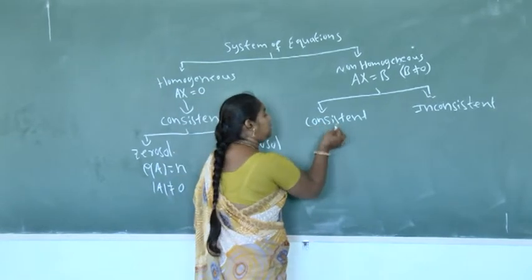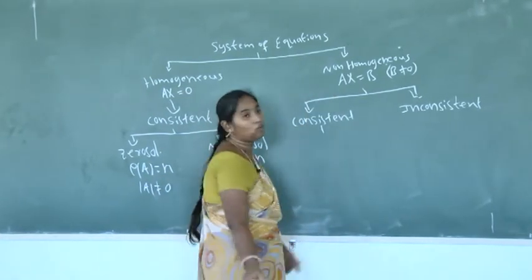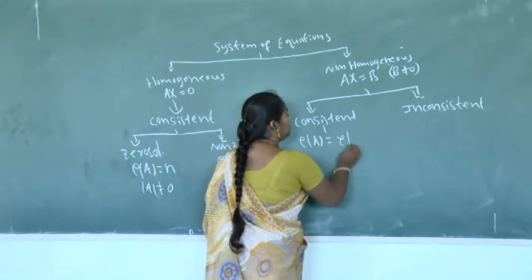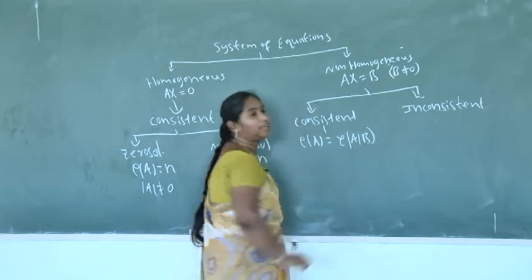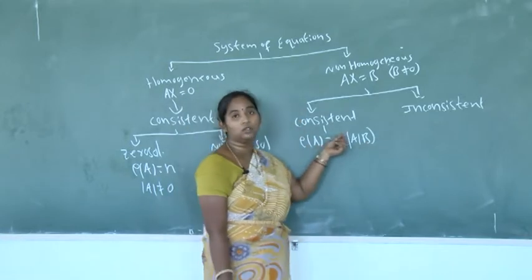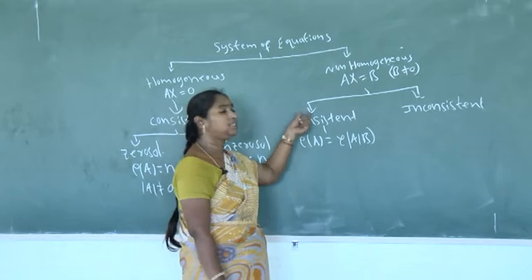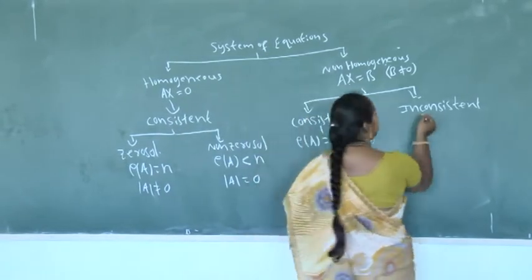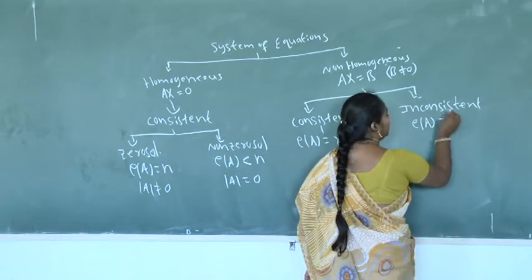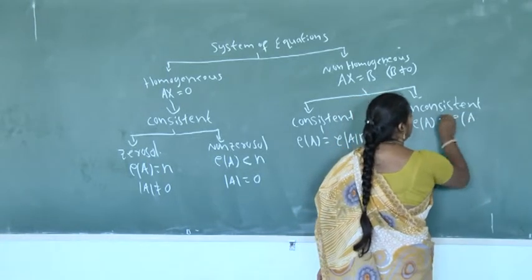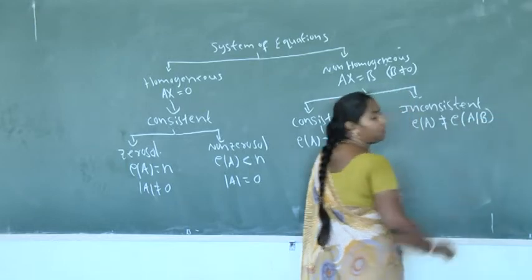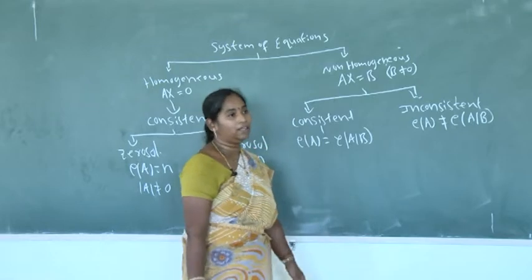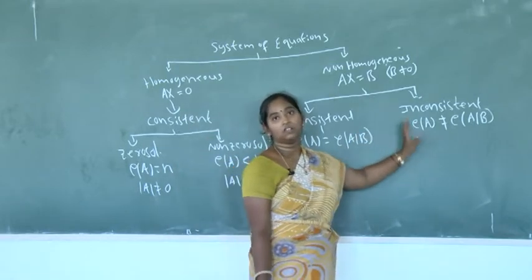The given system is consistent when the rank of A is equal to the rank of A over B. That means the rank of the coefficient matrix is equal to the rank of the augmented matrix, then the system has a solution. The system is inconsistent when the rank of A is not equal to the rank of A over B, then the system will not have a solution.